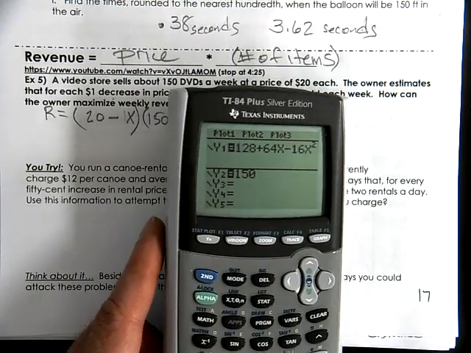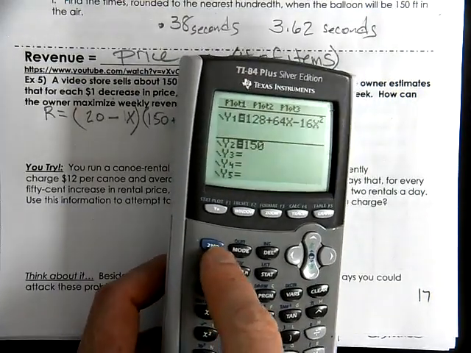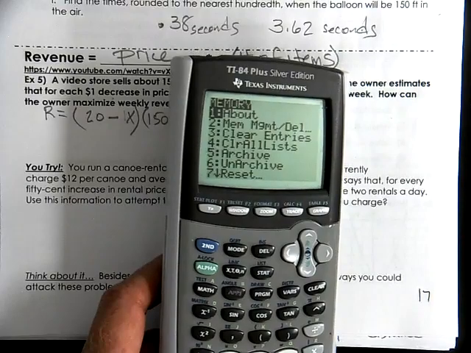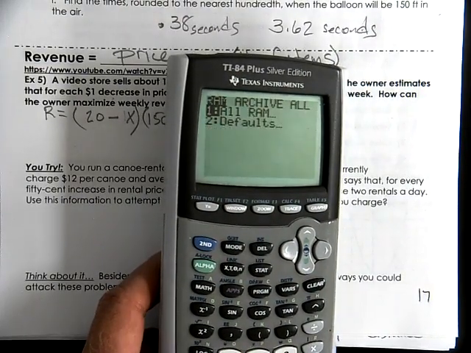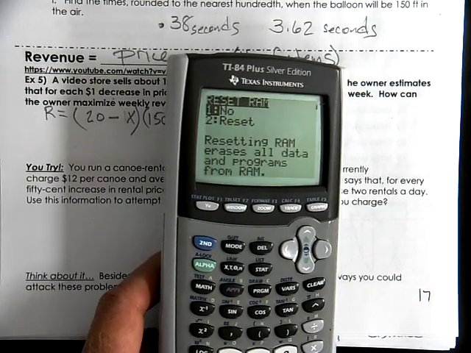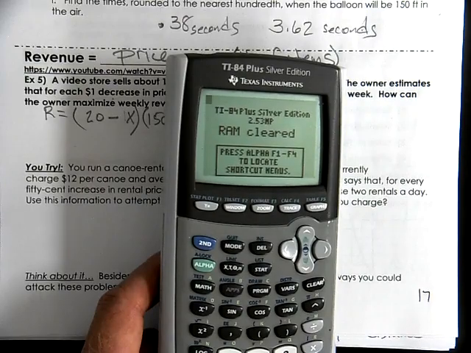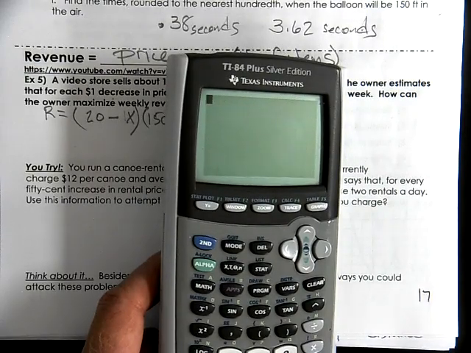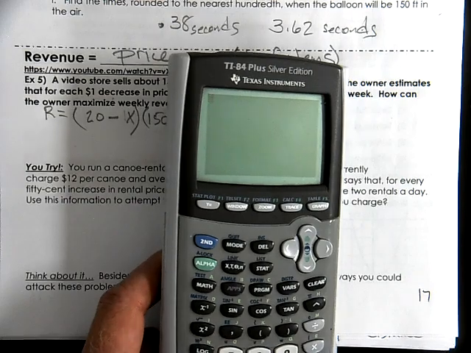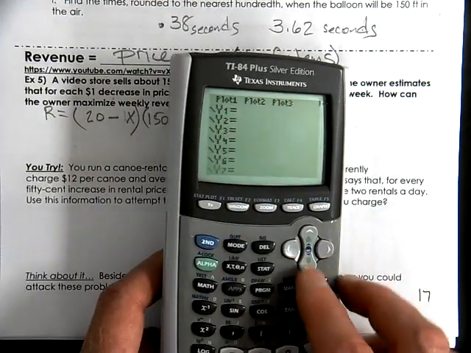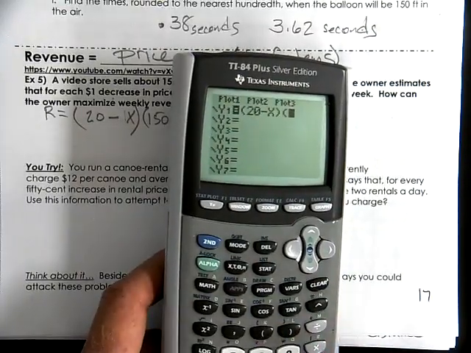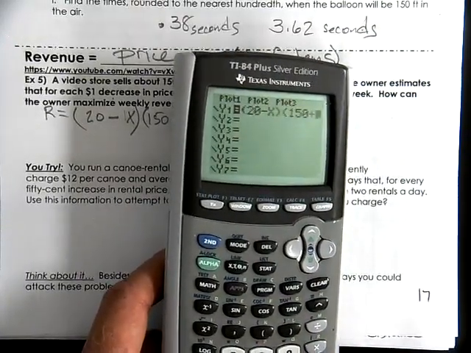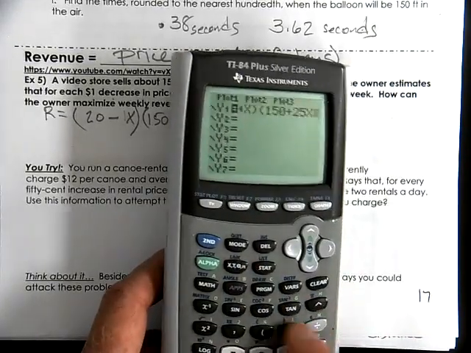Now remember, we have a lot of things in here, so maybe it's just best to say second plus 7, 1, 2. All right, so we are going to go to y equals. We'll type in our 20 minus x and our 150 plus 25x.